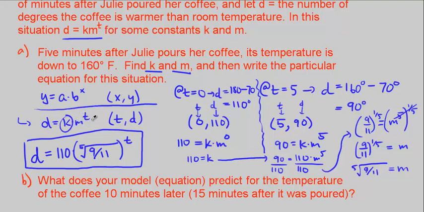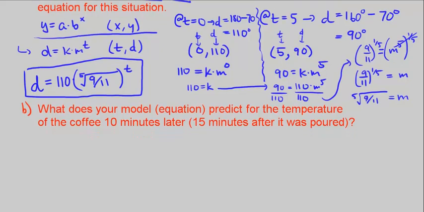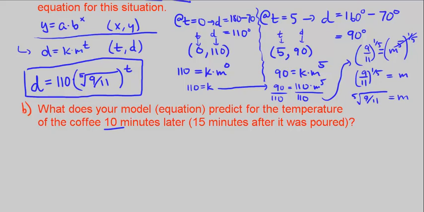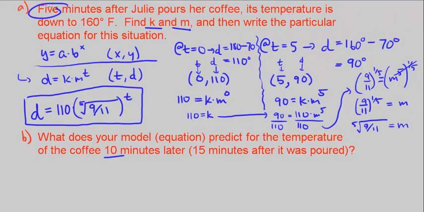We know k, we know m. T is our variable, d is our output. All right, let's go ahead and use this in part B, because this asks, what does your model or equation predict for the temperature of the coffee 10 minutes later? So 15 minutes after it was poured. So 10 minutes later, meaning after this initial 5 minutes.